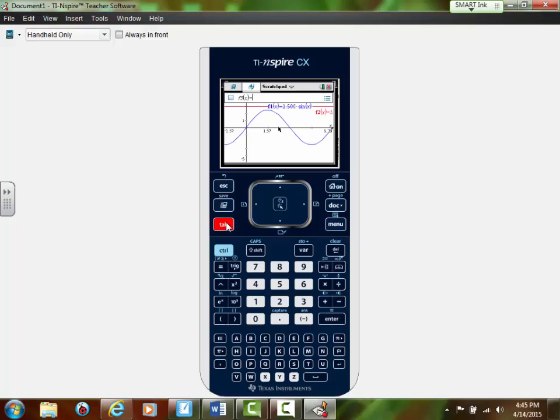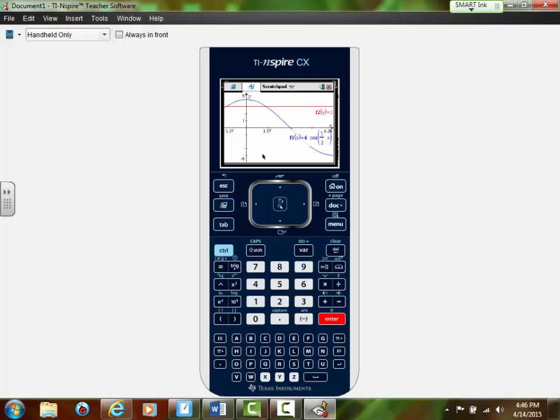Then I'm going to hit tab again, go up to f1, and change that to 4 cosine 1/2 x. That 1/2 needs to be inside the parentheses, so we go 1 divided by 2, x. Then we hit enter, and it looks a lot like the picture we just drew.